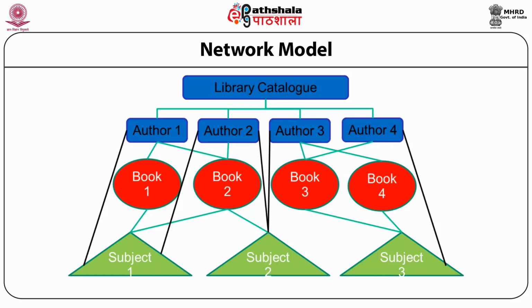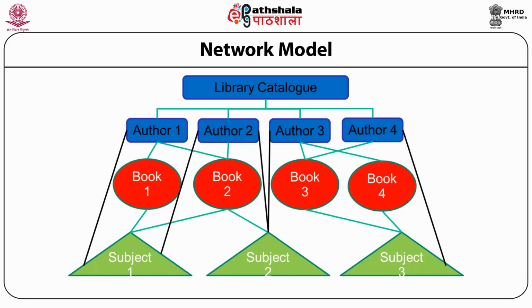Similarly, each book belongs to a particular subject. It is not necessary that a book belongs to only one subject; a book can belong to more than one subject. Not only that, the authors also belong to particular subjects, and as in the case of books, more than one author can belong to more than one subject. So this structure creates a kind of network. That is why it is called the network model.